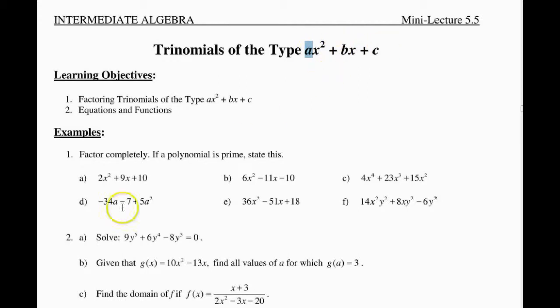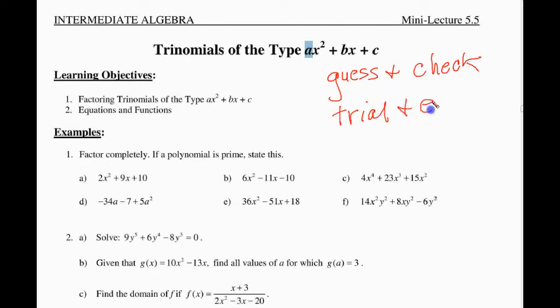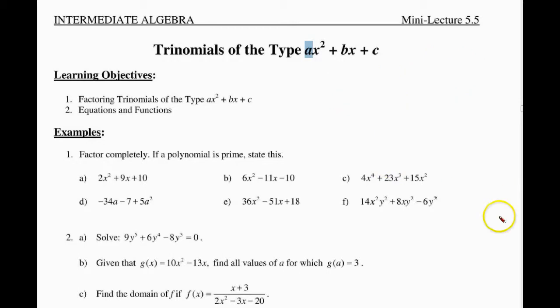This adds a little more challenge to it and gives rise to the concept that we call guess and check, or trial and error. So here we have to do a lot of brainstorming and a lot of thinking and checking things out. All right, so let's see what we can figure out from this.